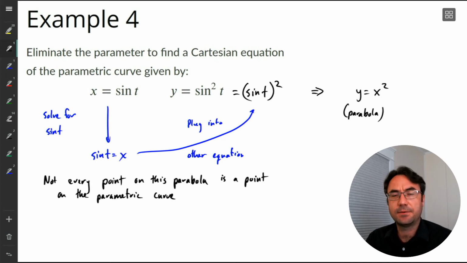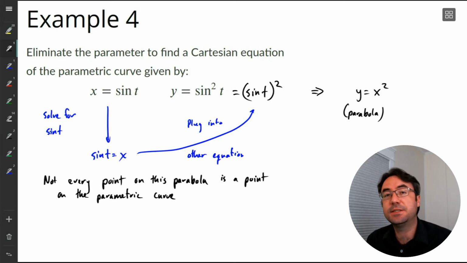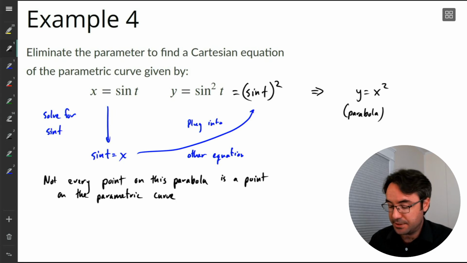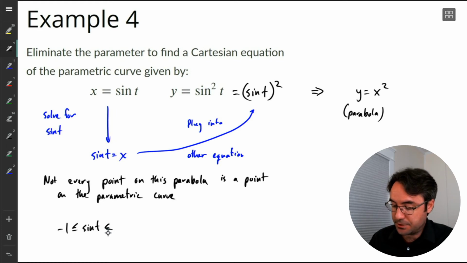So why is that? Well, let's look at what x is. x is equal to sine of t. And we know that sine of t doesn't take on every possible value. The sine values always fall greater than or equal to -1, but less than or equal to +1.